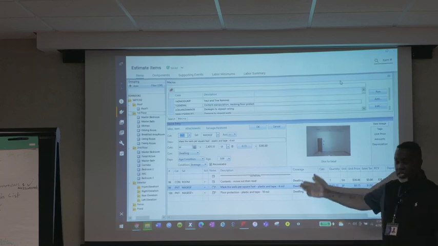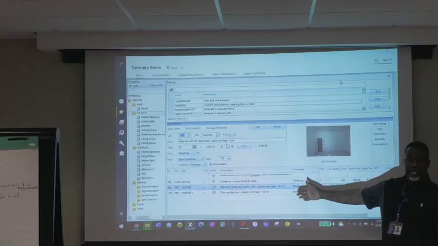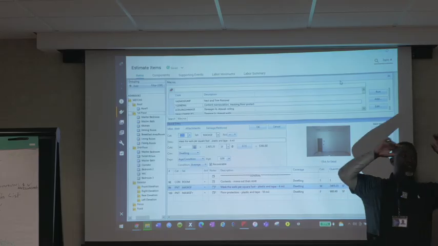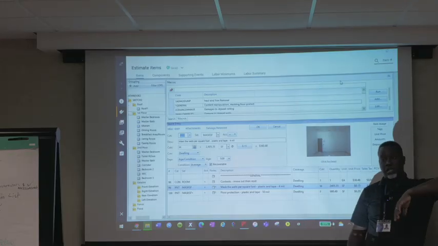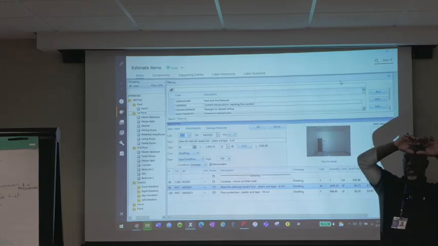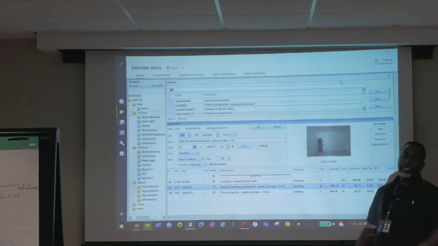Change it. Once you get done with that room, save it as your new macro. Once you get done with that ceiling, save it as your new ceiling, but title it Citizens Ceiling Repair, or State Farm. That way you know, this is how State Farm wants me to handle ceiling damage.